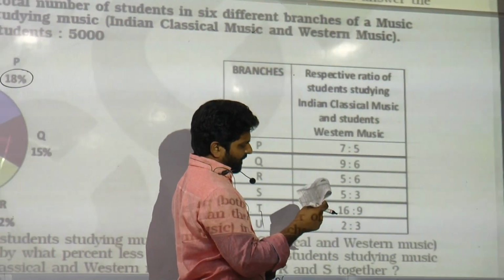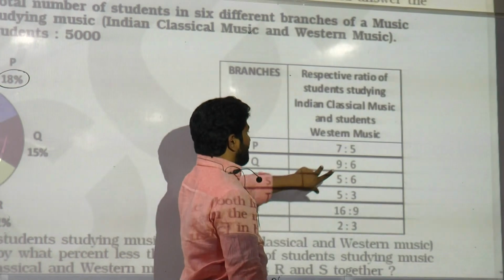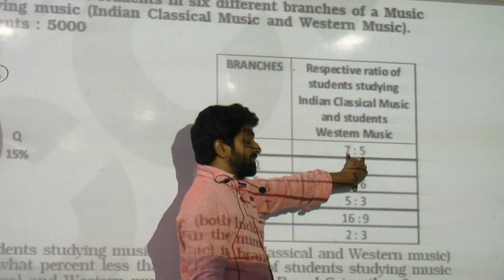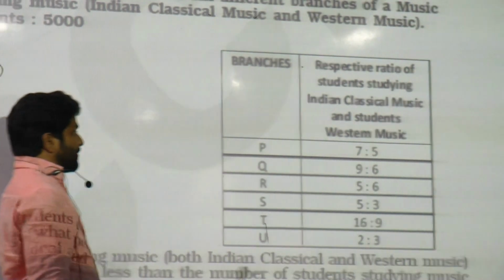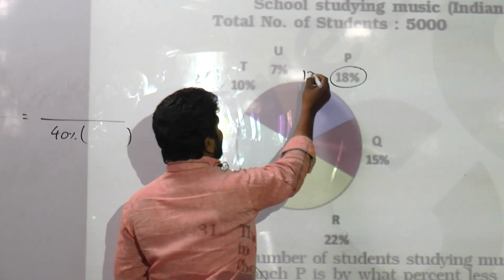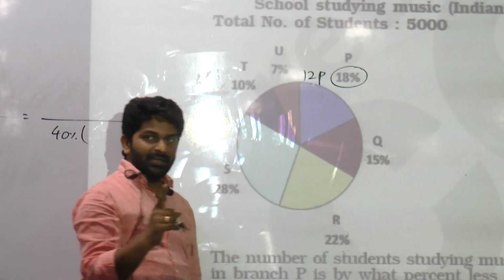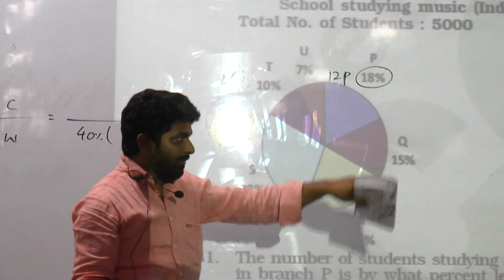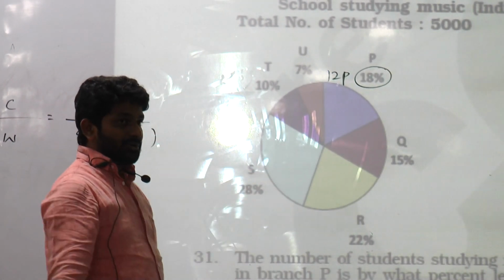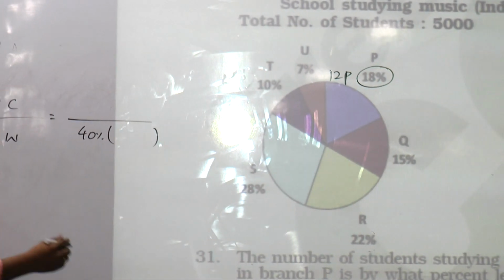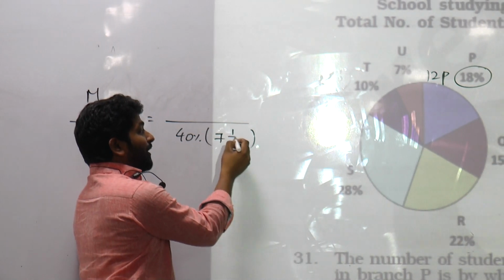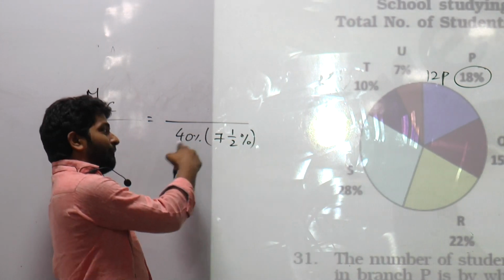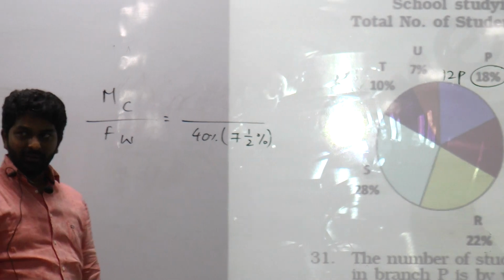Wait a minute, classical and Western together are in the ratio 7:5. Total how many parts do we have? So 12 parts is equal to 18%. 1 part is 1.5%. How many Western music students are there? 5 parts. 5 parts will be 5 into 1.5. That will be 7.5. So out of 7.5%, 40% are female, right?